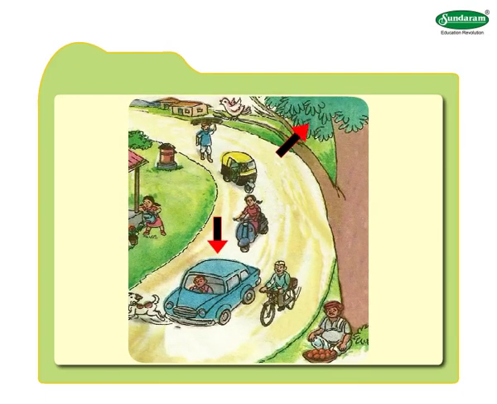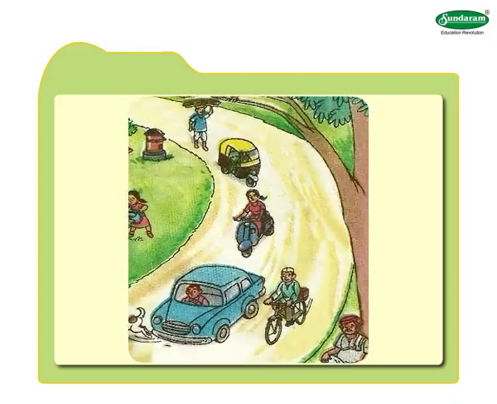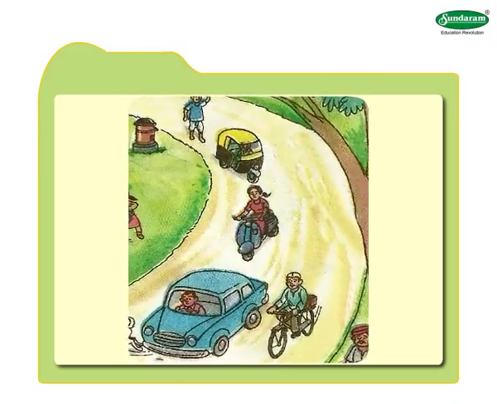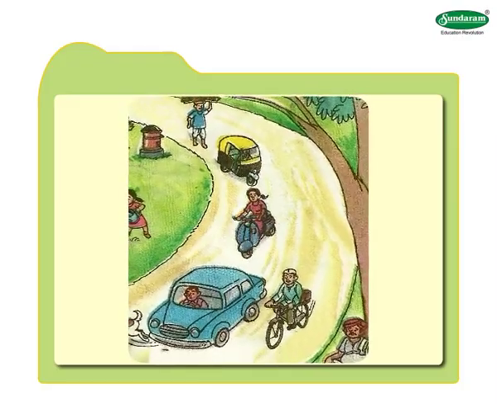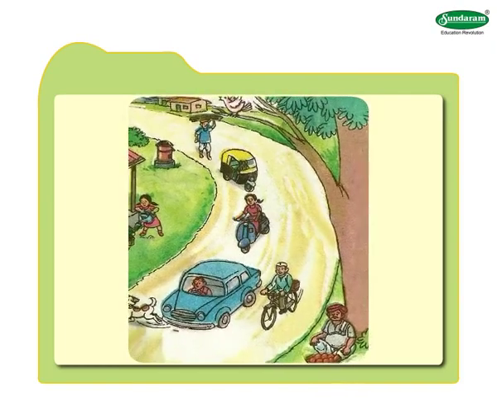Some things are seen to the left of the road. Some people are seen sitting under the tree, and so on. Let us understand this with the help of the given picture. Let us use proper words of comparison with respect to objects seen one by one.